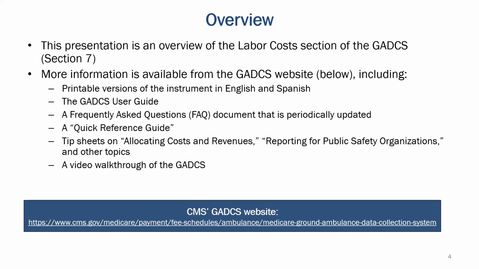The resources include a printable version of the instrument if you'd like to see in a PDF format the questions in Section 7, a user guide, which is a question-by-question walkthrough in writing of Section 7, a frequently asked questions document that has many questions related to Section 7 and labor, a quick reference guide, tip sheets, several of which are relevant to Section 7, and a video walkthrough of the entirety of GADCS, where you can look at the marked chapters in that video and jump to Section 7 there too.